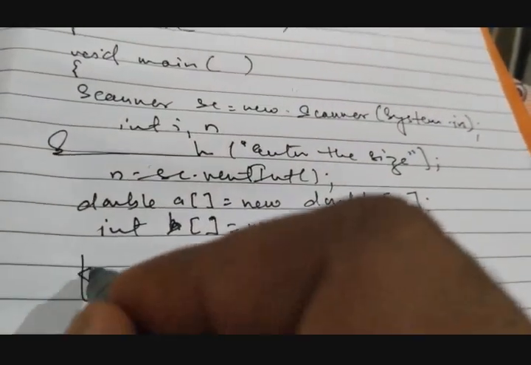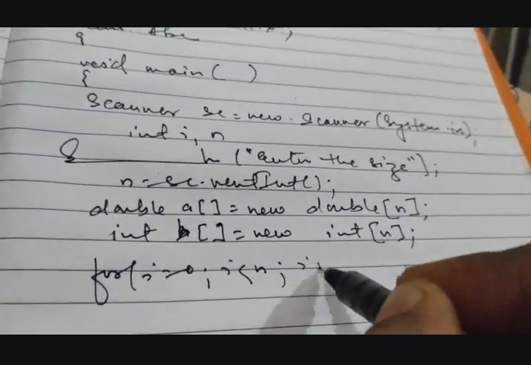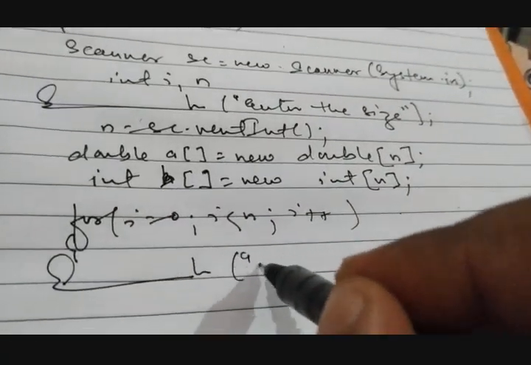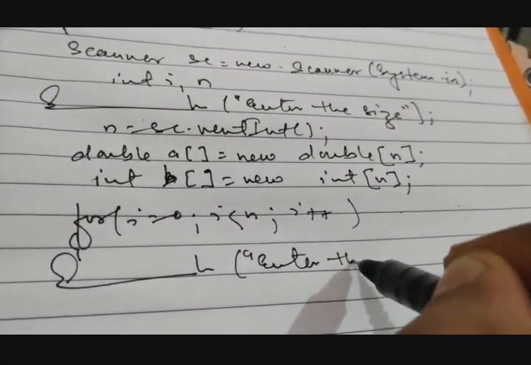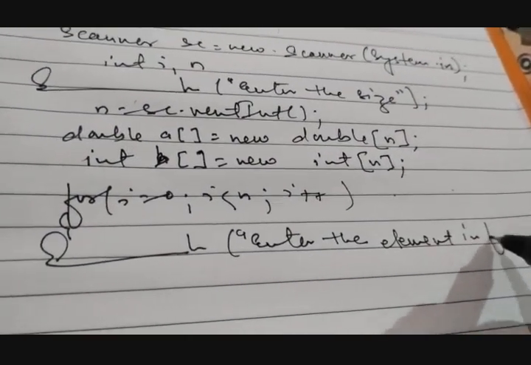Alright, now we need to enter the elements. Run a loop for i equals 0, i less than n, i plus plus. Enter the elements in the first array.